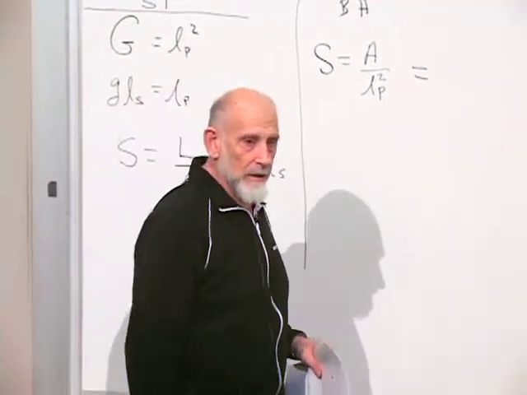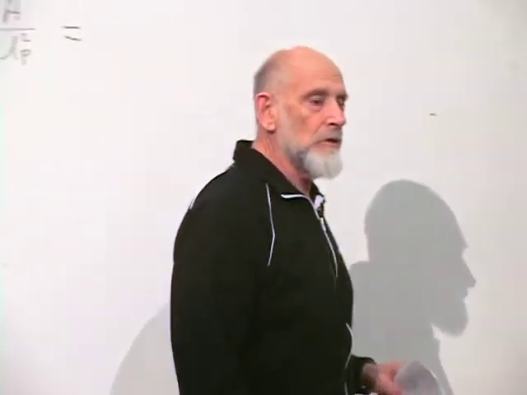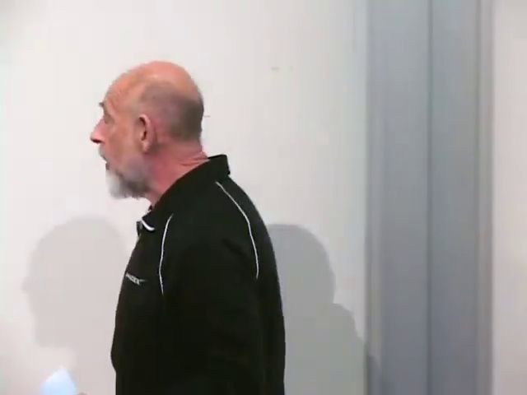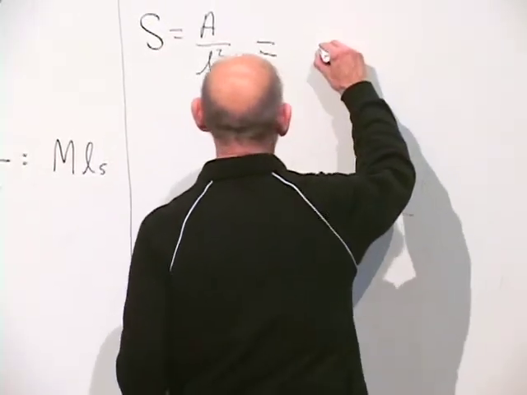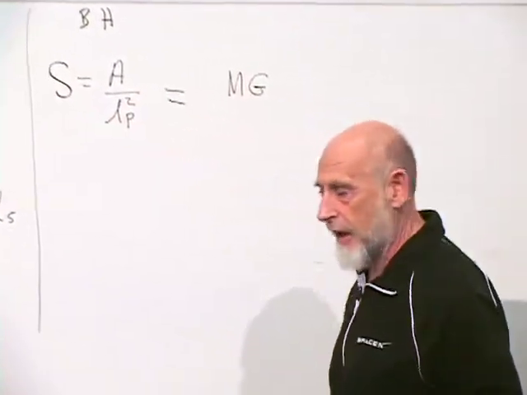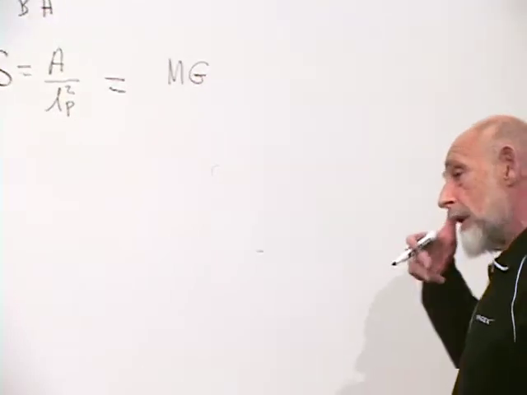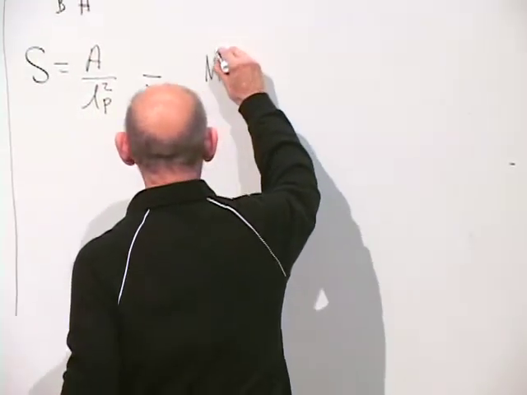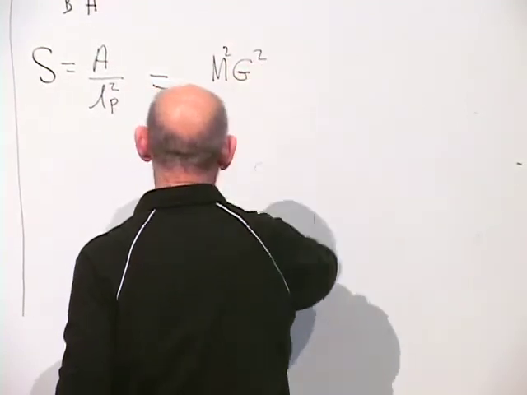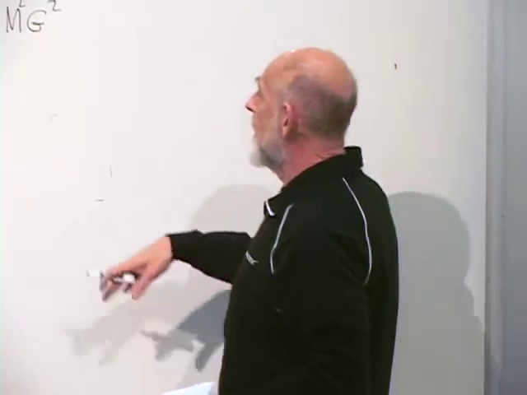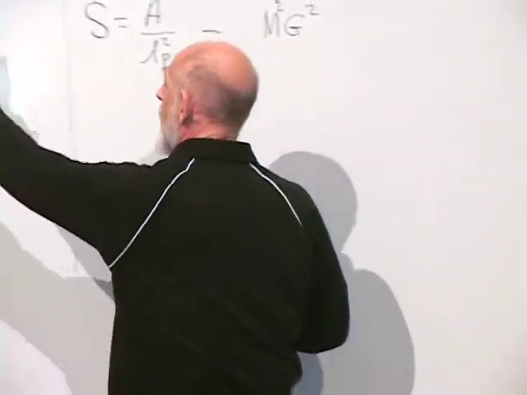The area is equal to the square of the Schwarzschild radius, and the Schwarzschild radius is mG. Now, I'm leaving out 2s and 4s and things like that. mG is the Schwarzschild radius. We want to square that, m squared G squared, that's the area, and now we want to divide it by either G or L Planck squared.